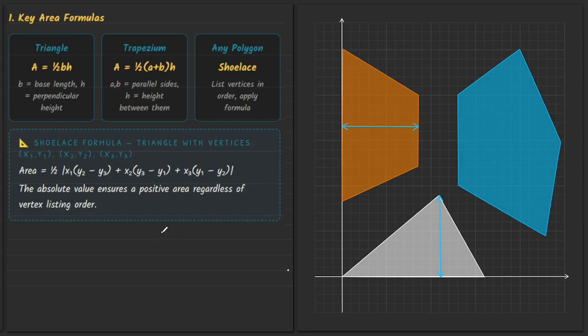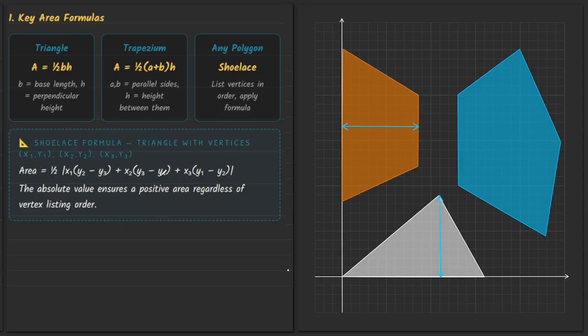Take note that the shoelace formula doesn't only work for triangles or trapezium, but for all polygons. We are using the triangle as a base case. So we have 3 vertices, that is x1, x2, and x3.